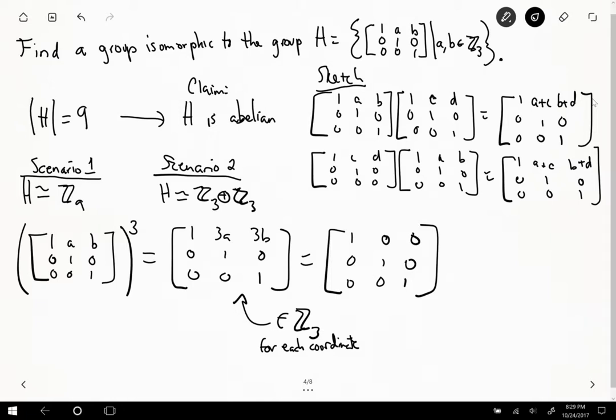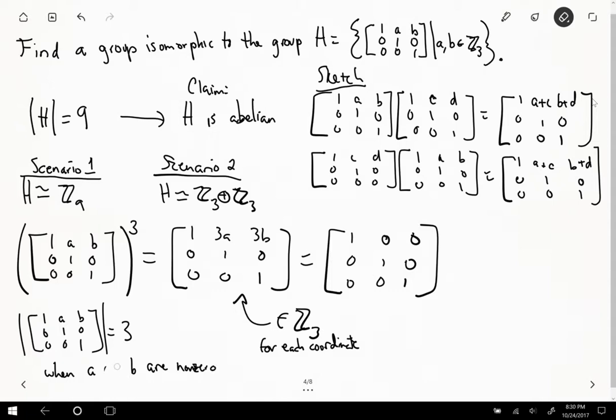So the order of this element, 1 A B, 0 1 0, 0 0 1, and do not confuse this with the determinant, equals 3 when A or B is non-zero.